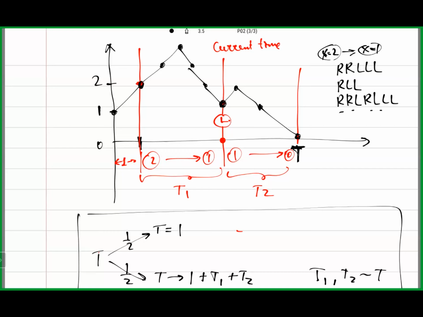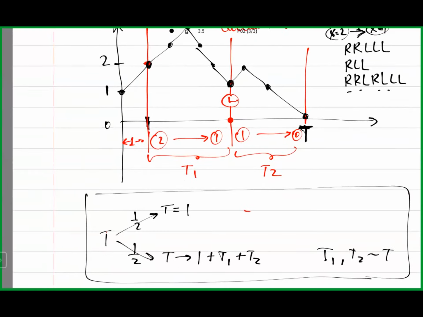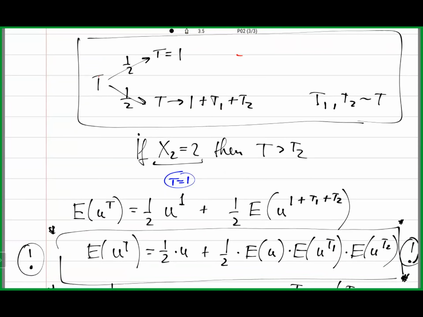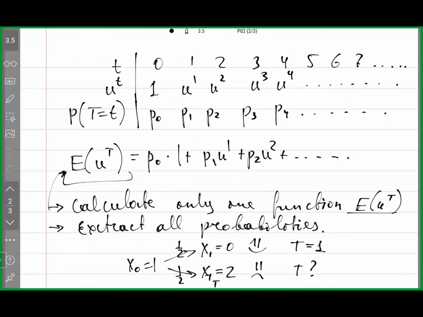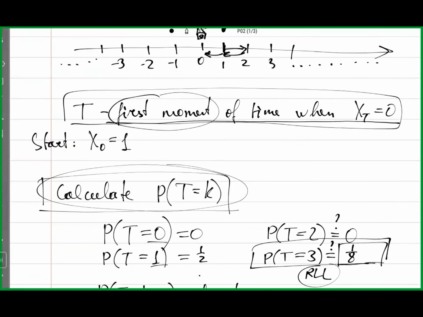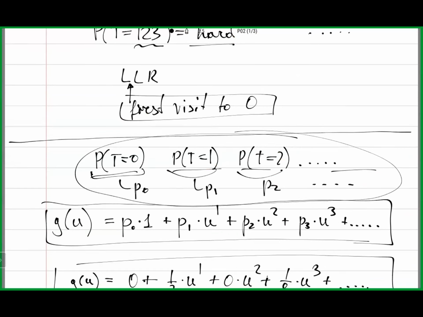Yes, that's clear. But what is the variable U? U is just an argument of the function. So U is a way to pack all probabilities into one function. Once again, we need to calculate a lot of numbers.